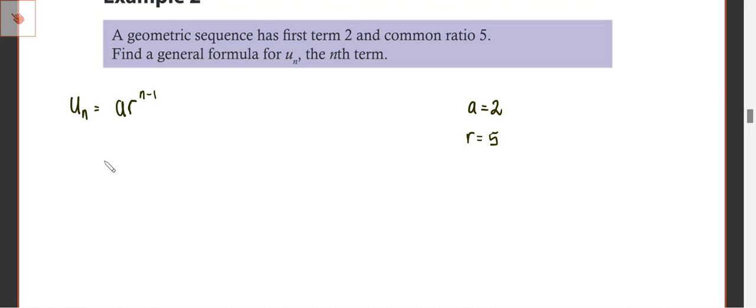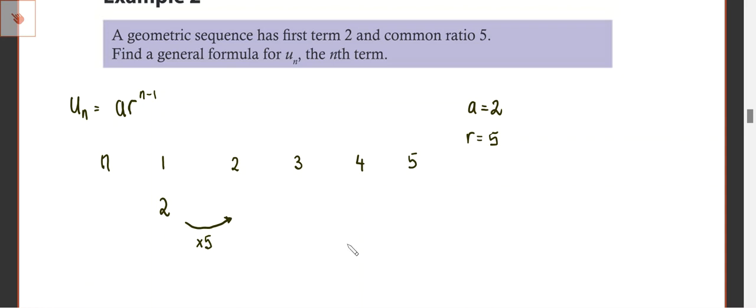Now, what does this mean? Well, our sequence would be, if I have n as 1, 2, 3, 4, 5, the first term is 2. What's the next term? How do you carry on a geometric sequence? You times. So this time it's going to be this number times the ratio.